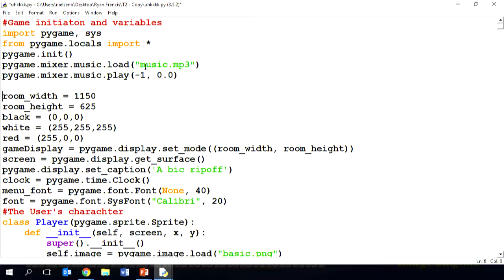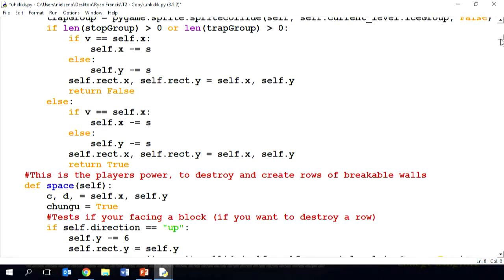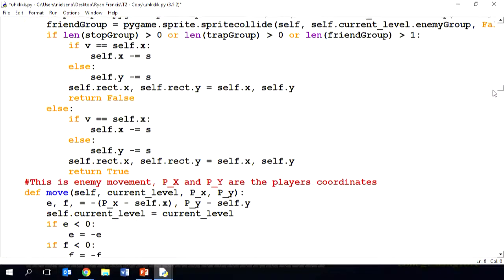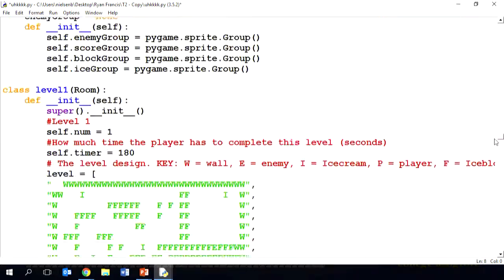And in terms of the programming, to be honest, this is almost university level programming. I can't mention just how impressed I am by it.